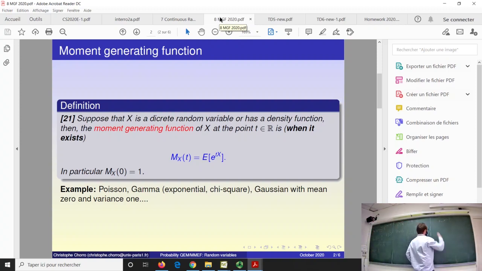So in this situation, the moment generating function is given by the integral from minus infinity to plus infinity of exponential of tx, and I have to multiply by the density function of N(0,1): 1 over the square root of 2 pi, exponential of minus x squared over 2, dx.